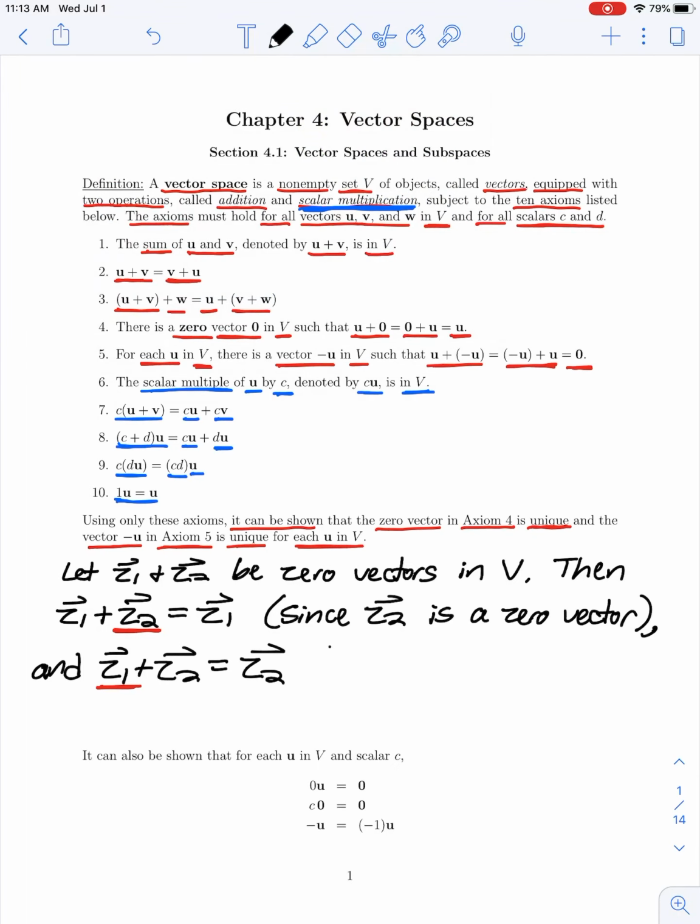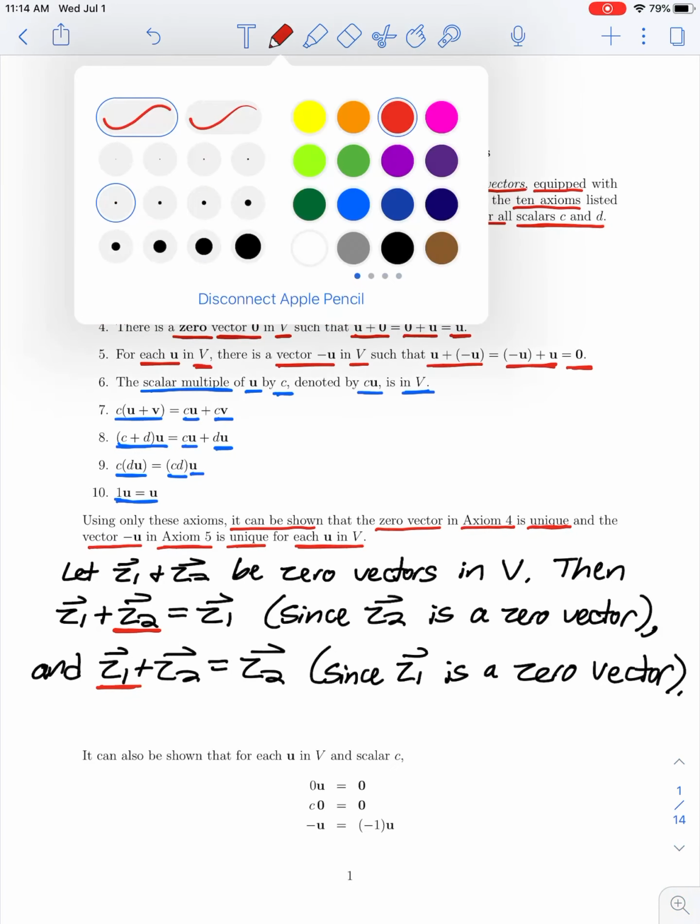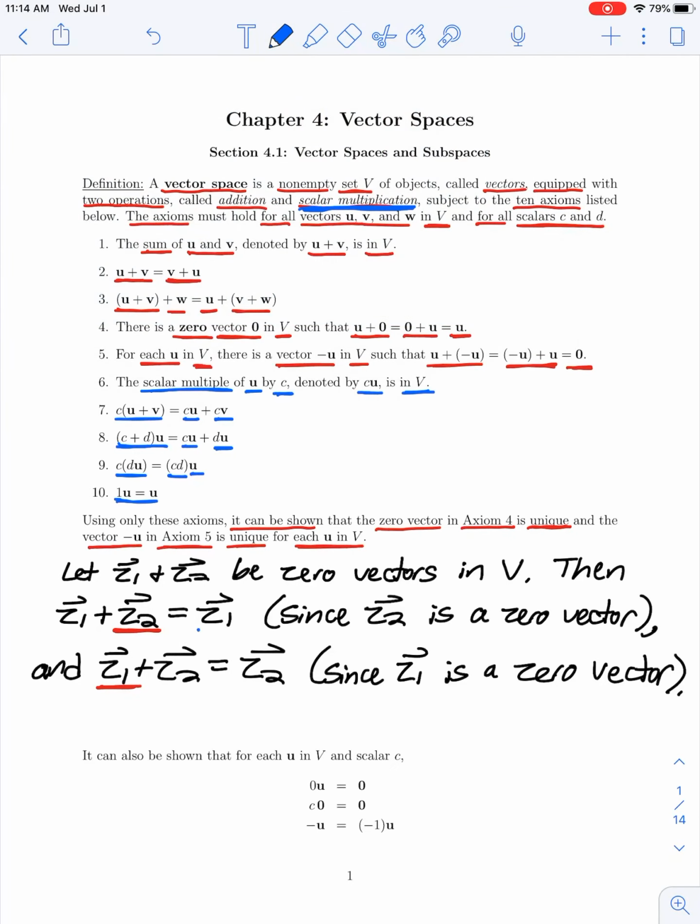So here, since z1 is a zero vector, the value of z1, which was equal to the sum of z1 and z2, must be equal to z2.